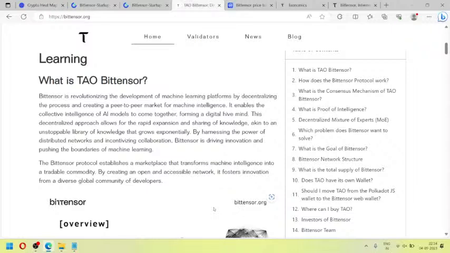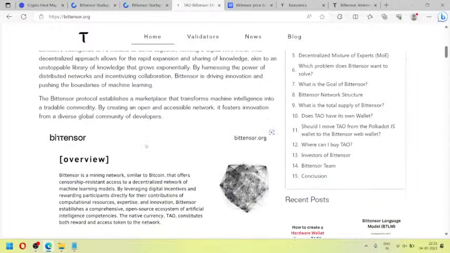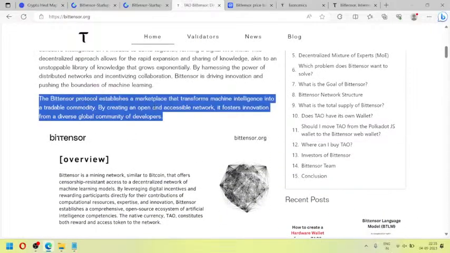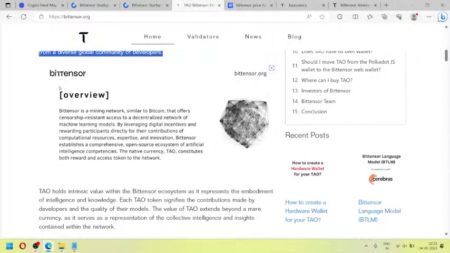Bittensor is driving innovation and pushing the boundaries of machine learning. They will start a new innovation for machine learning.